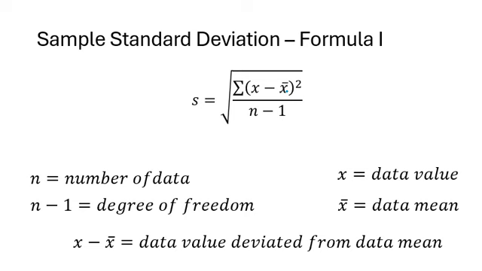This represents how much the data value deviates from the sample data mean. This is your sample mean, and we are measuring how far away each data value is from it. Then we add them up, meaning you have data x1 all the way to xn, so the sum goes from i equal to 1 all the way to n.